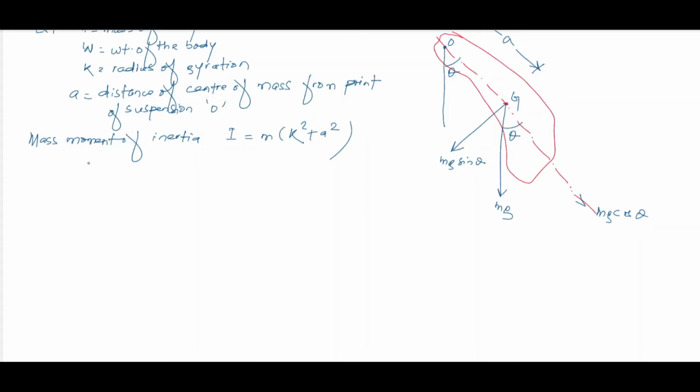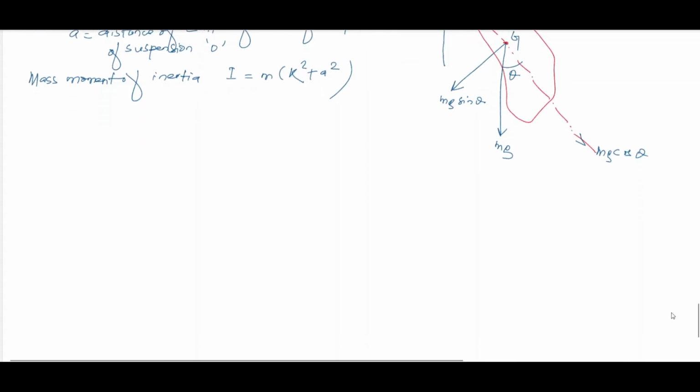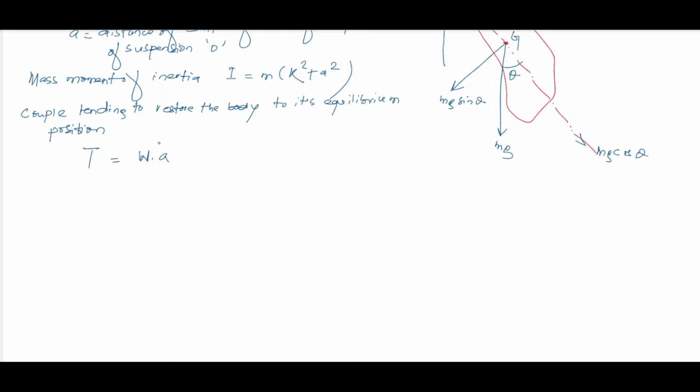Now the couple tending to restore the body to its equilibrium position, denoted by the symbol T, can be represented as W multiplied by a sin theta.